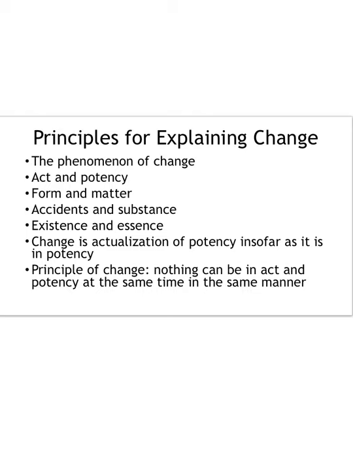But when it acquires the shape of the desk, when it's arranged in that particular order, its potential to be a desk is actualized. So it's changed into a desk. And so you have analogies in the SAT, right? PSAT. So using that, you can set up an analogy here. Act is to form, as potency is to matter.